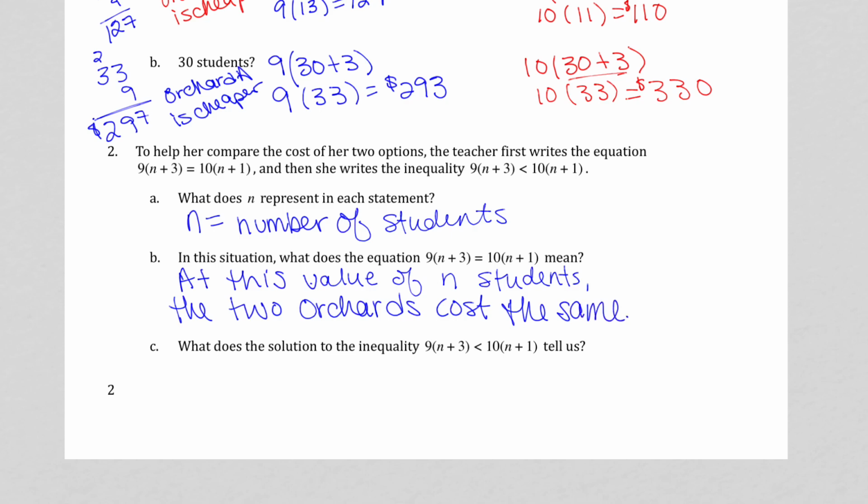Okay? What does the solution to the inequality, 9 times the quantity of n plus 3 is less than 10 times the quantity of n plus 1, tell us?